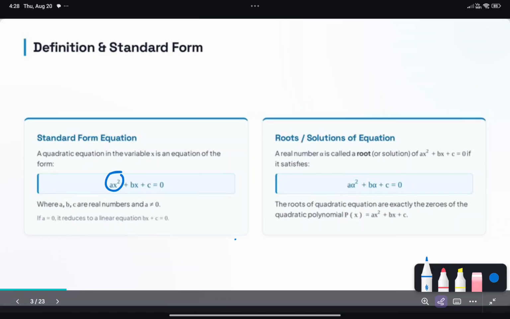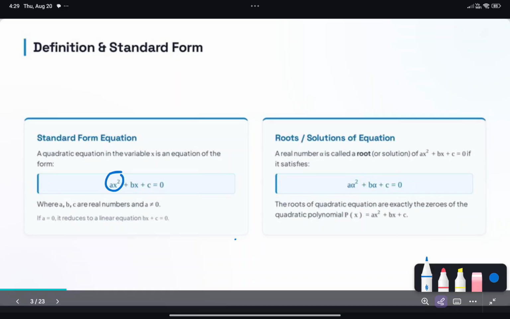A real number alpha is called a root or solution of ax square plus bx plus c is equal to 0 if it satisfies it. Here alpha is any real value that satisfies a alpha square plus b alpha plus c is equal to 0.